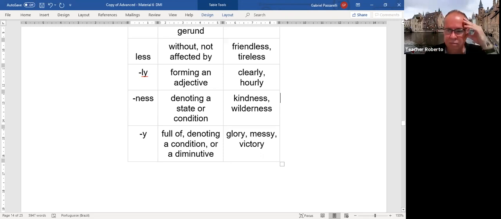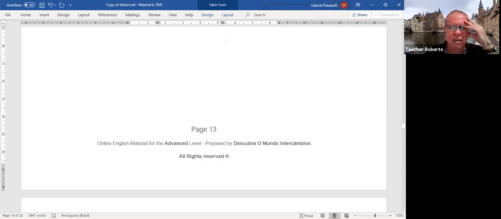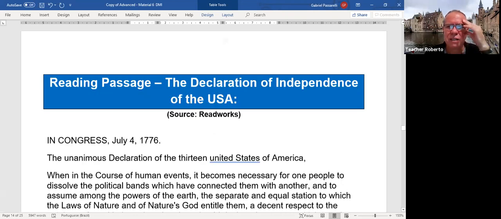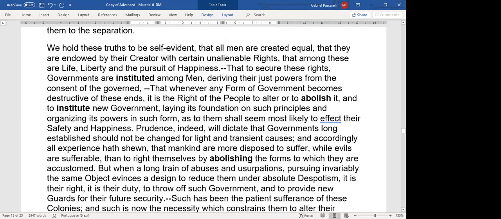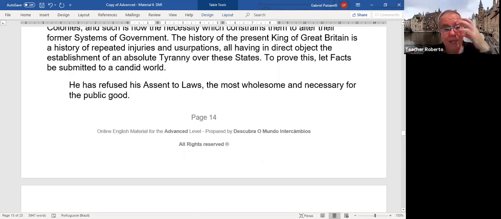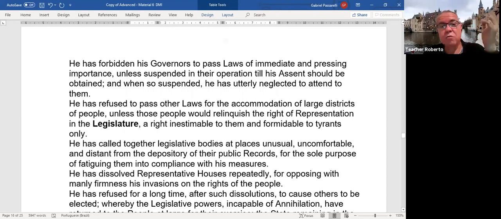That's it. Any question? I think it's a lot of things for you to memorize, to learn. It's a lot. But Mario Eduardo asked me to give a list of the prefixes and suffixes, so I tried to make it as complete as possible, but it's long.